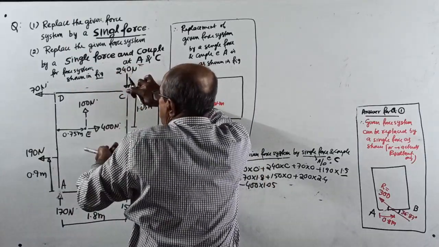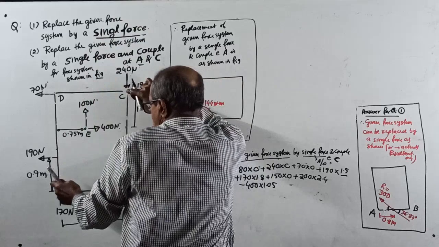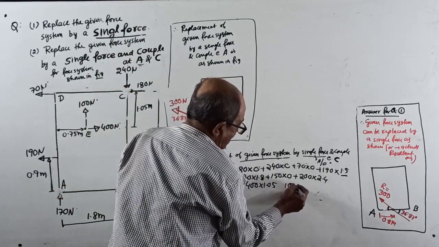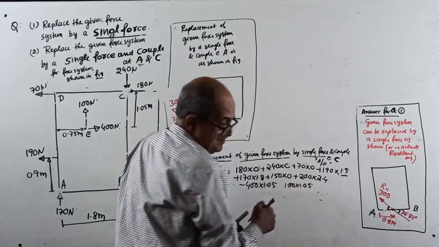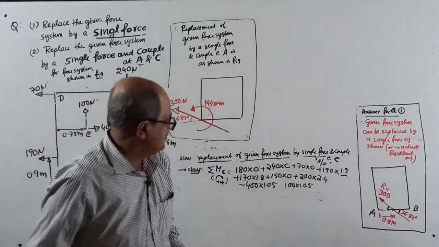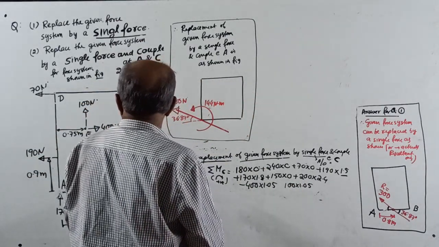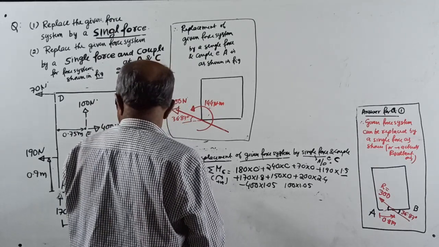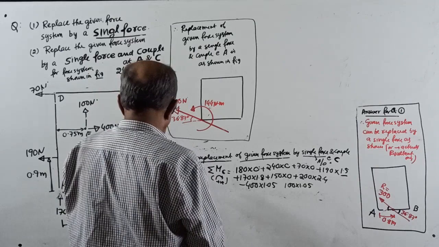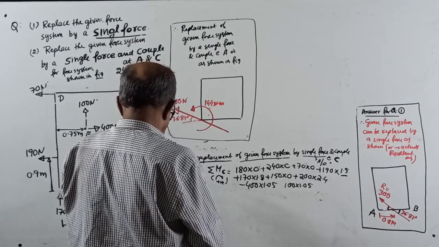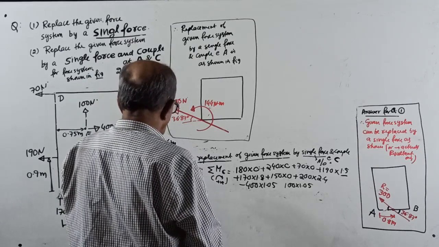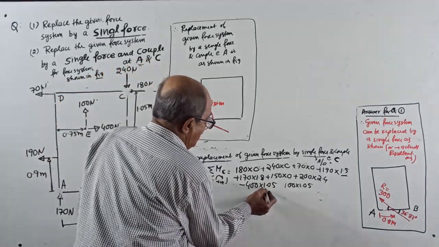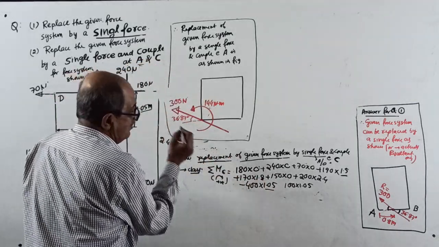Plus 100 into 1.05. This also 1.05, that also 1.05. Correct? Let me check it. Sometimes it happens, two identical numbers. 400 into 1.05, and the other one is 1.8 minus 0.75. Unfortunately, both are the same.